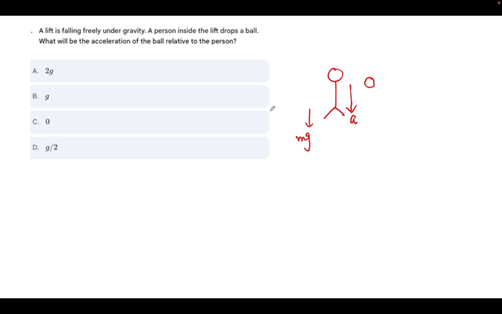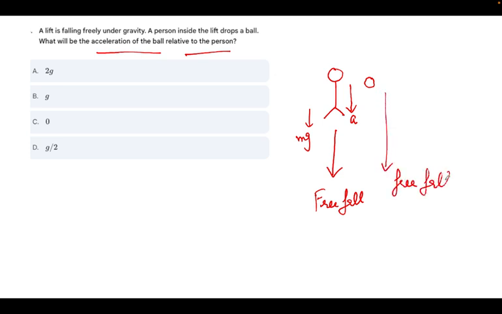We have observed that the total weight becomes weightless in this case. So the acceleration of the ball relative to the person: the person is in free fall, the ball is also in free fall, so both fall with the same acceleration. If they are falling with the same acceleration, their relative motion will be 0. So the answer is 0.